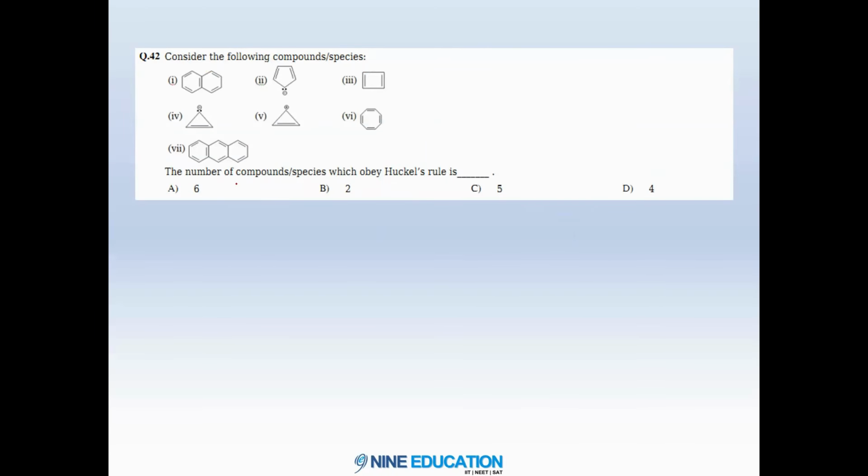Consider the following species: the compounds obeying Huckel's rule. Huckel's rule is nothing but: first, the molecule must be planar. Second, it should have a conjugated system. And third, the 4n plus 2 pi electrons.